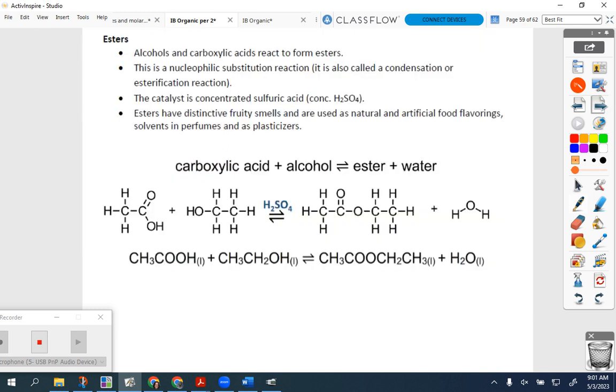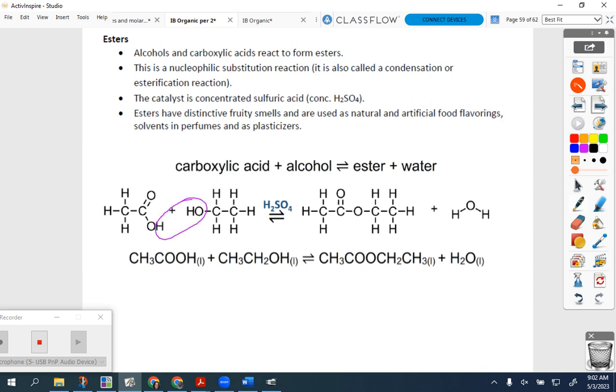Another class of reactions that you need to know is esterification, so making esters. And this is essentially a dehydration synthesis reaction or condensation reaction. It's called a condensation reaction because what's happening is we've got our carboxylic acid and our alcohol, and we are essentially losing a water molecule.